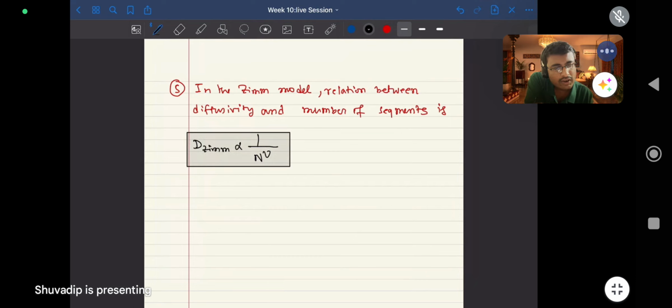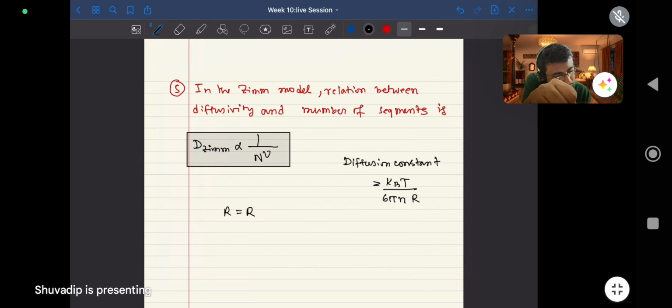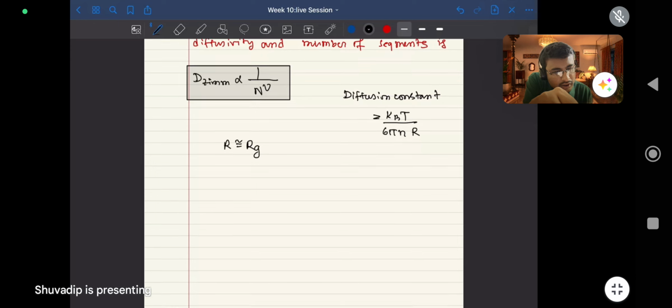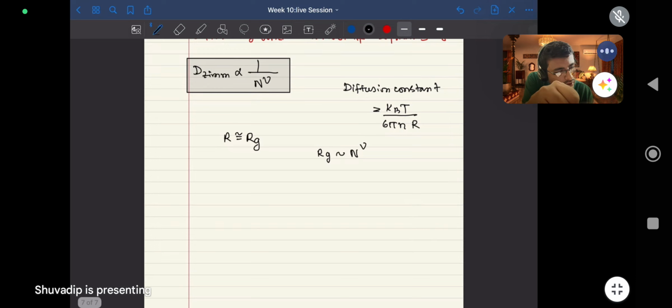How to see that this is the correct relation? Suppose the diffusion constant is given by kBT by 6 pi eta R, but this R is basically Rg. Now from our earlier discussion, we have identified that Rg goes like N to the power nu, and this nu is basically the exponent in the different cases.